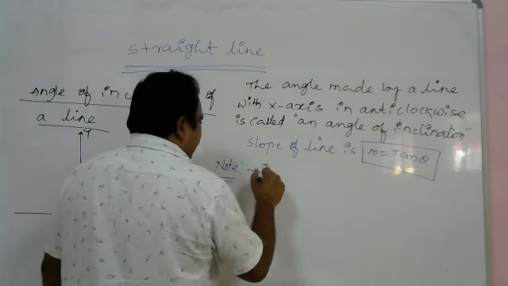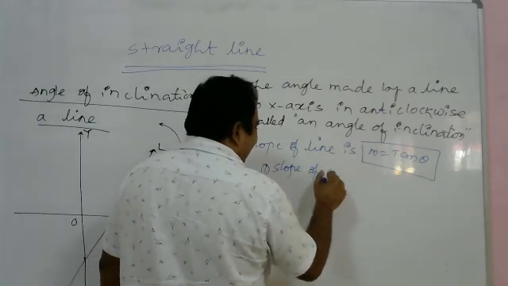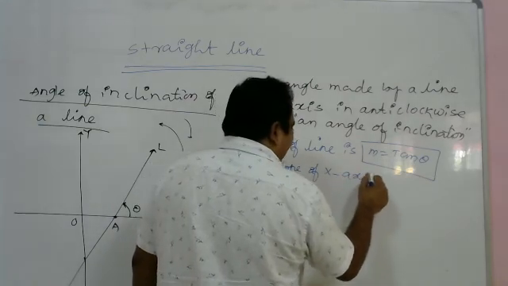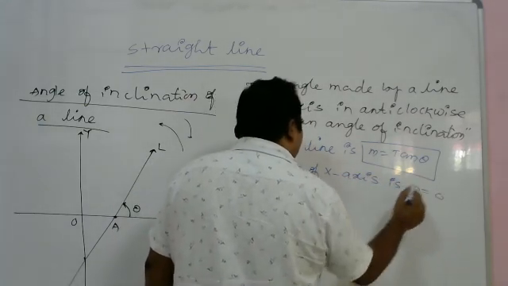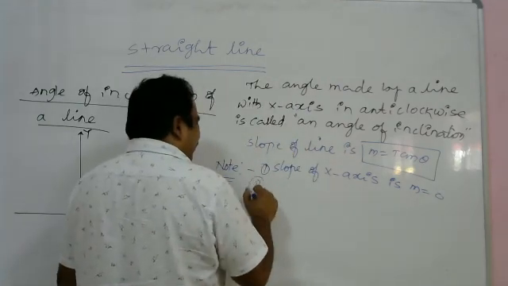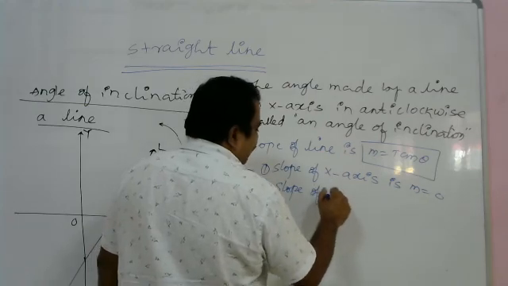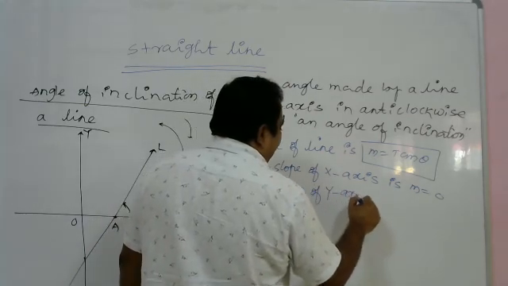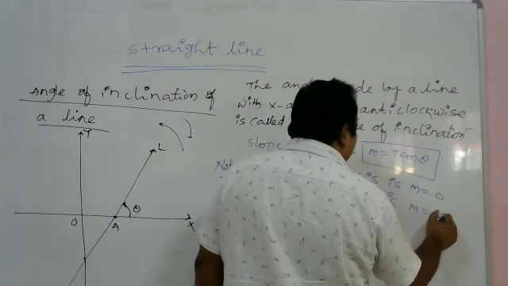First one, slope of x-axis is m equal to 0. The slope of y-axis is what? M equal to infinity.